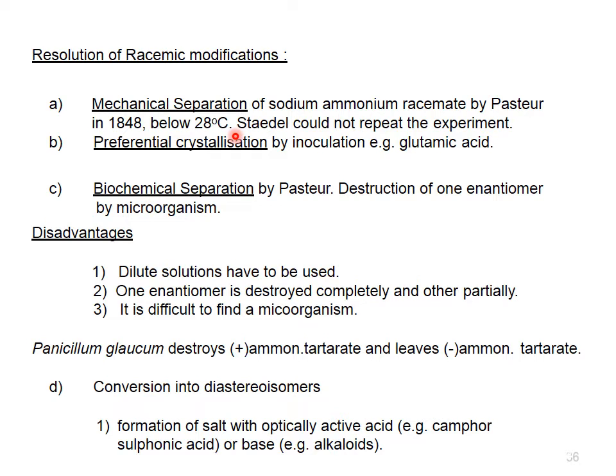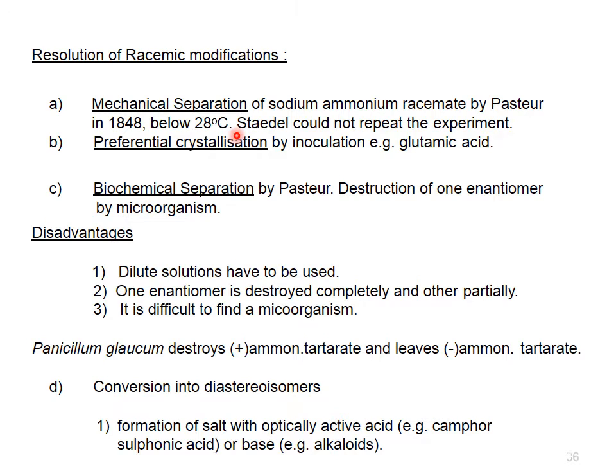Then there is another method, C, biochemical separation by Pasteur. Pasteur also did separation by biochemical methods, destruction of one enantiomer by microorganisms. In biochemical separation we use microorganisms in which one enantiomer is engulfed by the biological agent, while the other remains as it is.